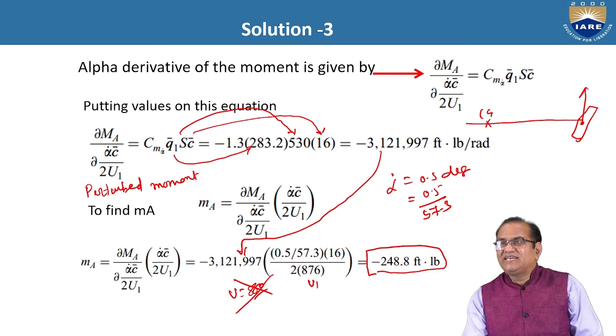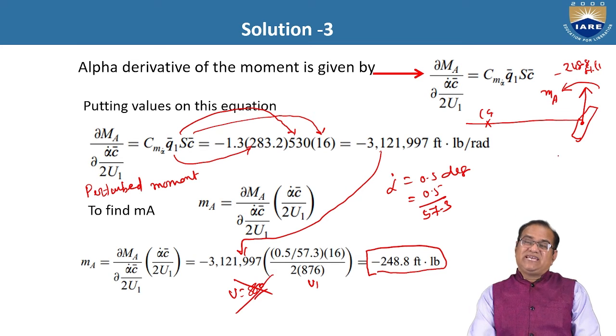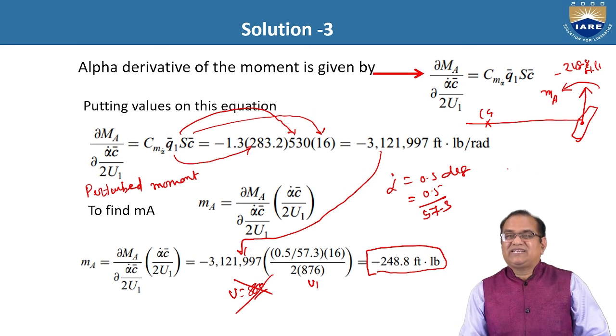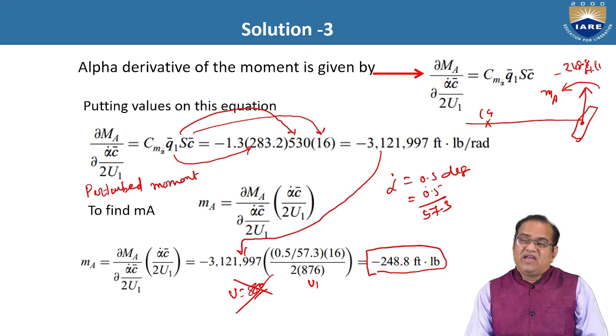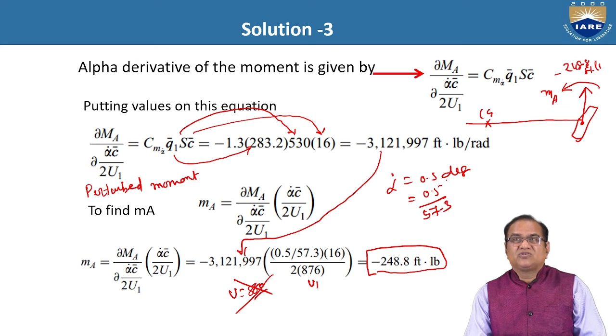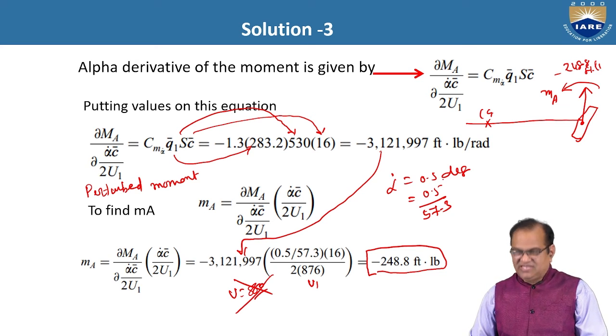You are getting a moment like this, and this value is minus 248.8 feet pound, and this is called the MA. This much MA you are going to get by varying a very small amount of rate of change of angle of attack. So it will change the things.